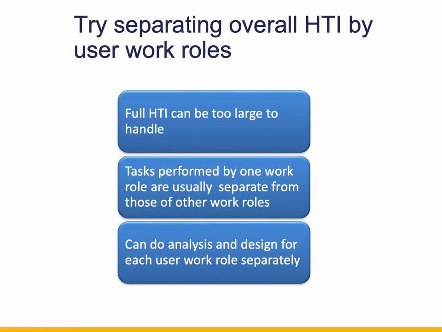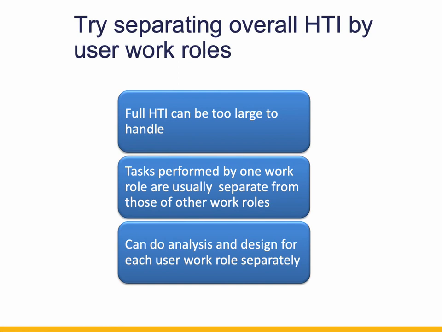Because a full HTI can be too large to handle and offers too much data, the idea is to try separating it by user work roles. Tasks performed by one work role are usually separate from those of other work roles. So the idea is to first make a first level of your HTI and separate it by work roles, which we will see in the following slide.